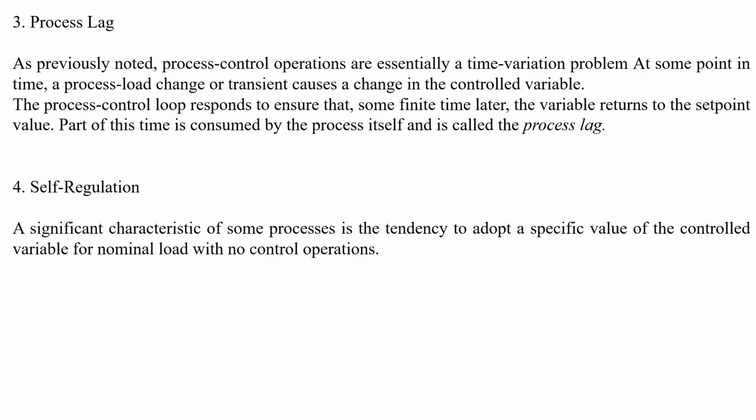And then the third characteristic is the process lag. For example, take one simple system where I need to maintain the temperature of the tank. To maintain it, I'm going to use the steam flow rate, which is controlled by the actuation.